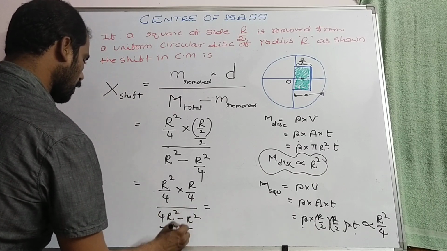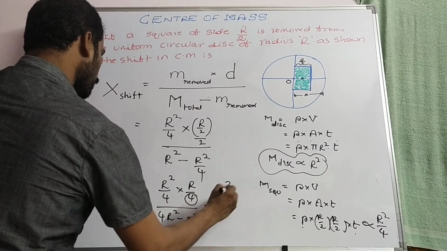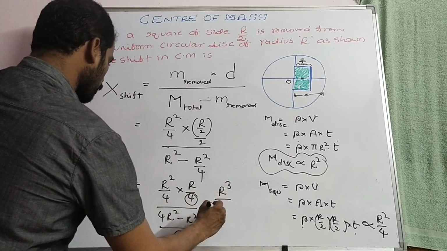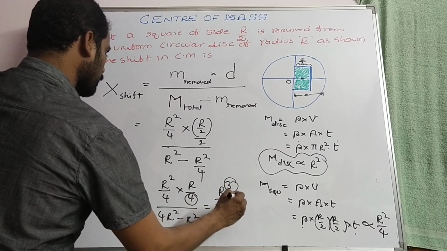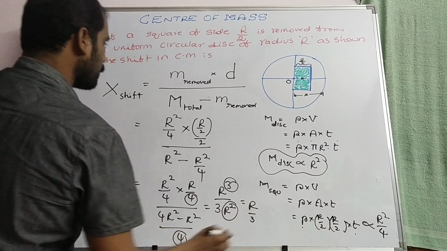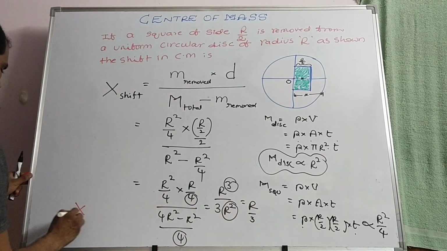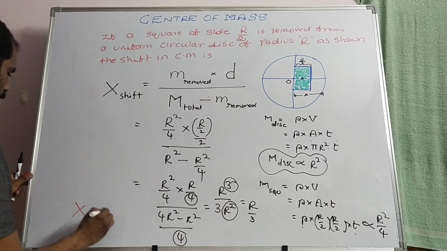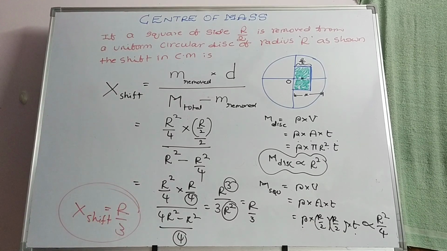The 4 and 4 get cancelled, then r cube by 3 r square. Here r square and r cube get cancelled, so r by 3 is the shift. So x shift is equal to r by 3.